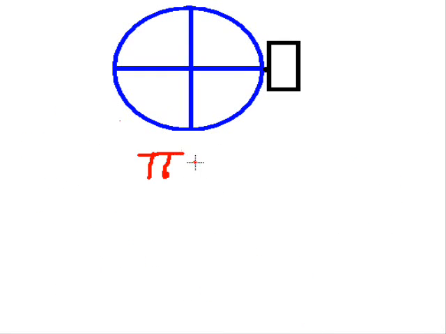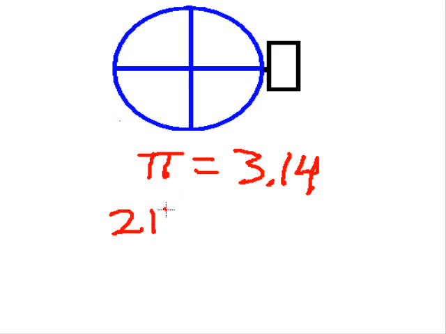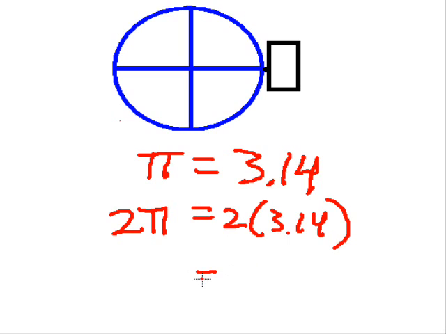Well, we know that pi is equal to 3.14, right? Of course we know that. So 2 pi has to be 2 times 3.14, or 6.28. So 2 pi is equal to 6.28.